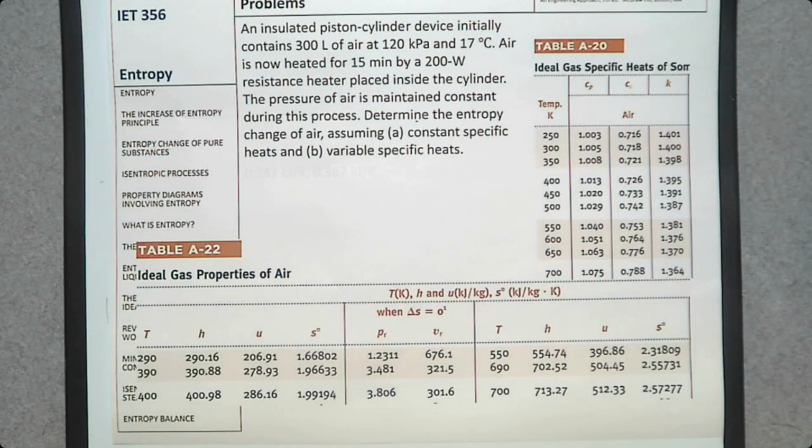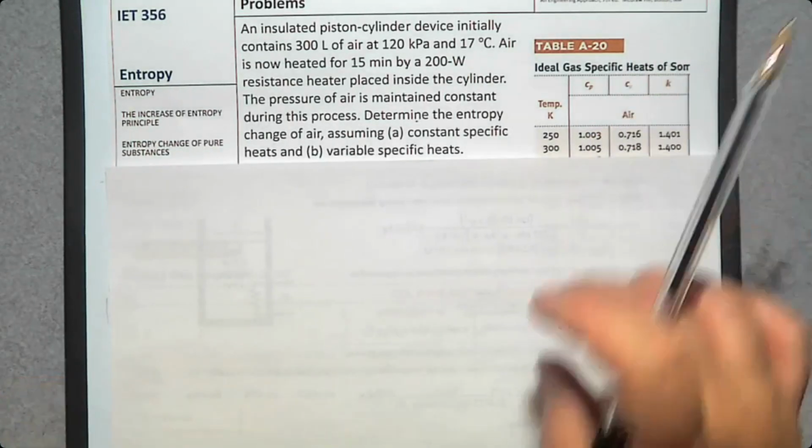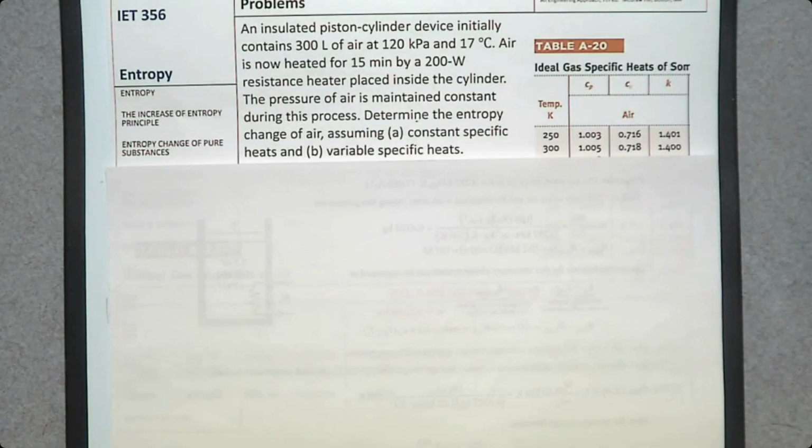We have an insulated piston cylinder device that initially contains 300 liters of air at 120 degrees Celsius. And we have a resistance heater placed inside the cylinder, and it's going to provide energy transfer into this air.